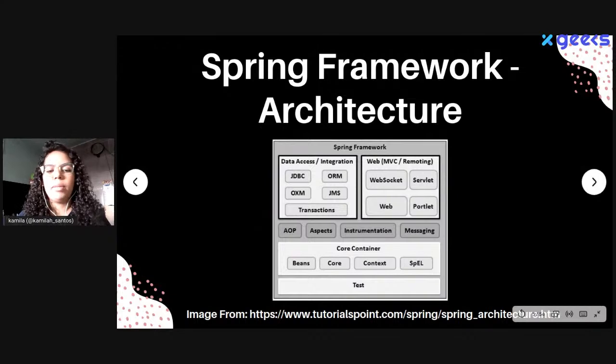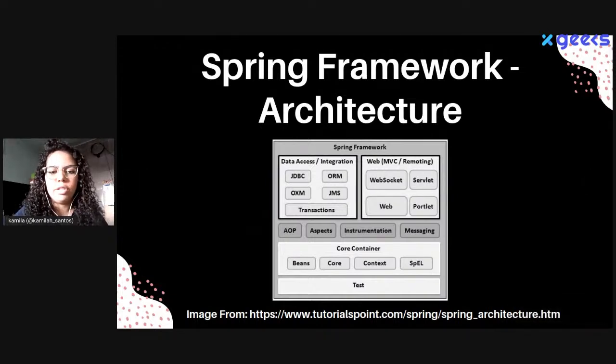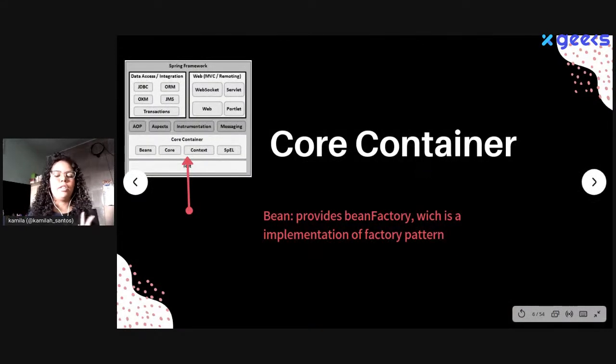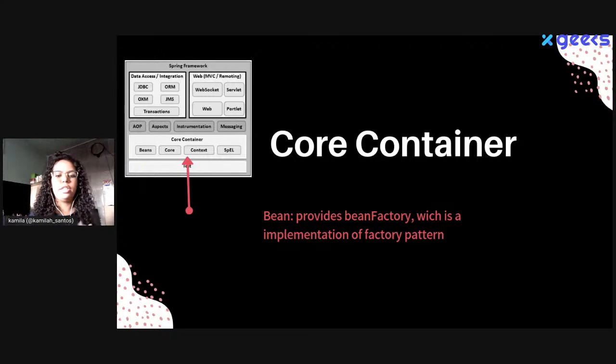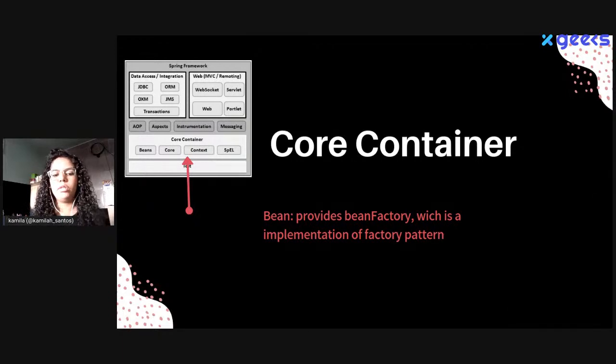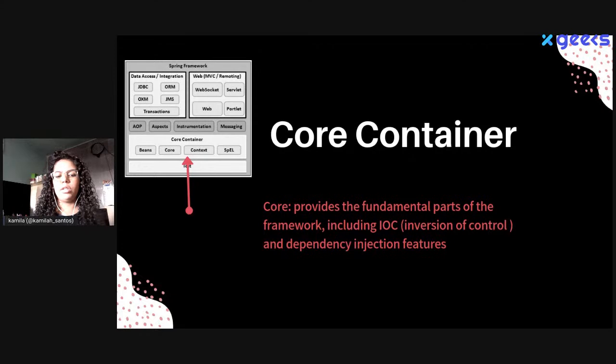First, before we speak about Spring projects, let's talk about Spring architecture. Spring architecture has some modules. The first is the core container. In the core container, we have the bean module that provides BeanFactory, which is an implementation of the factory pattern in Spring. We also have the core module that provides the fundamental parts of Spring, including IoC, inversion of control, and dependency injection features.